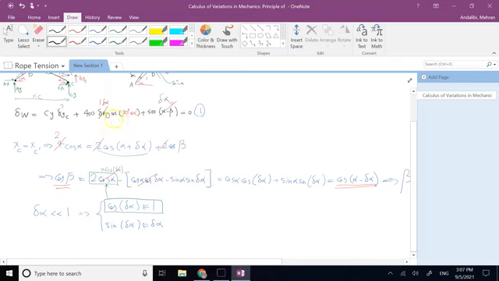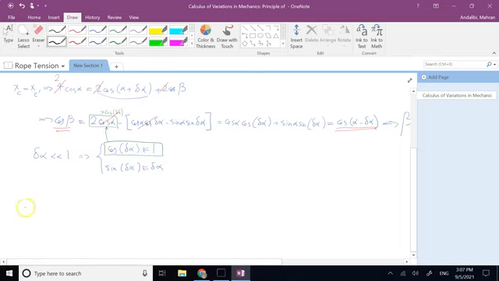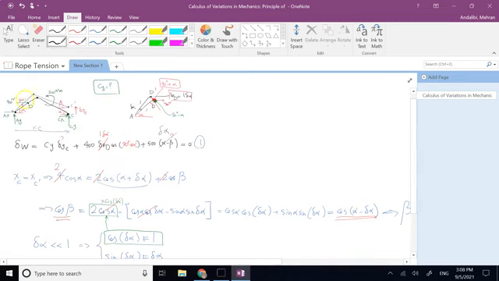And finally, I need the vertical displacement of y of c in terms of everything else. So del y of c is y of c prime minus y of c. C is at the horizontal level, it is 0. So it's only y of c prime. And y of c prime is as much as you go by AB upward and as much as you go by AC prime downward.